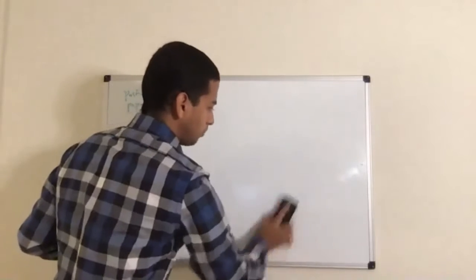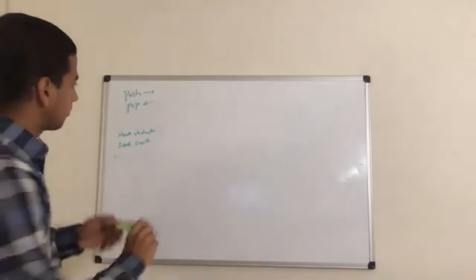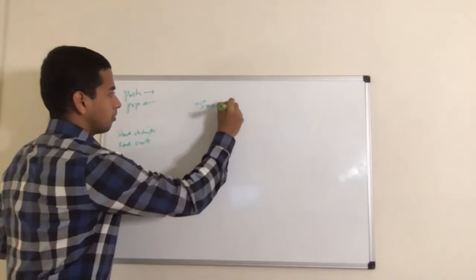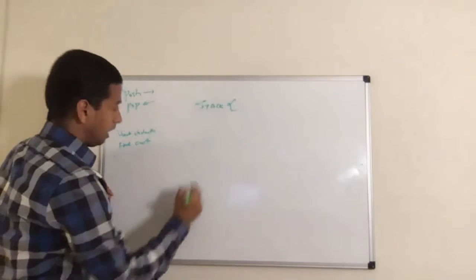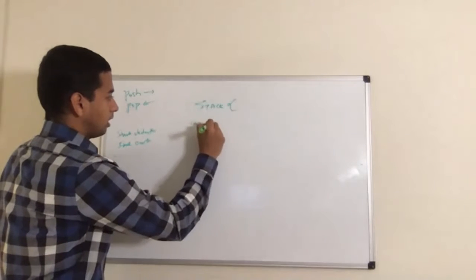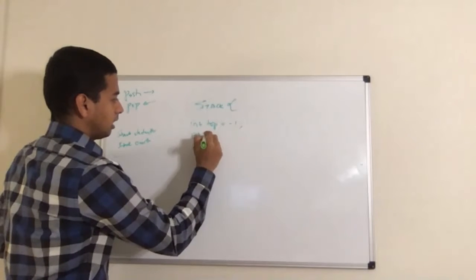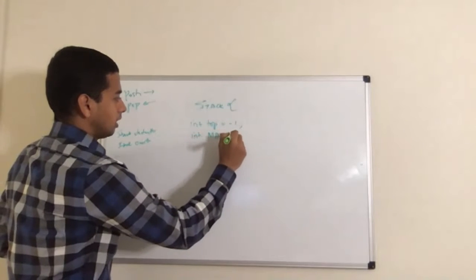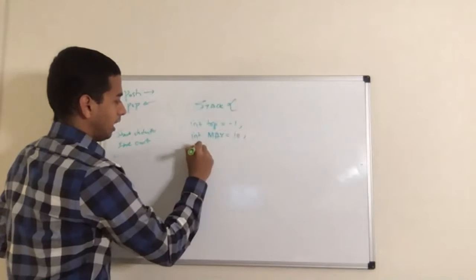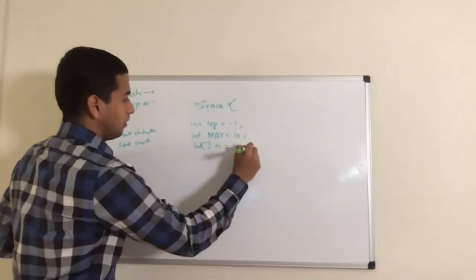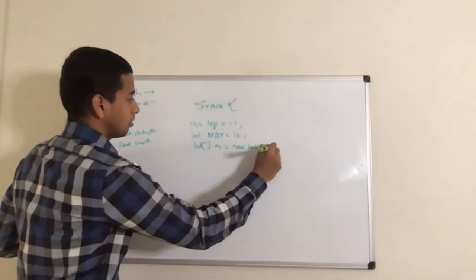I'm just drawing the implementation. So I said stack, and I have taken a pointer, top, and initialized it as -1, and another, max, with a value of 10, and I am taking an integer array and initializing it with the size of max.